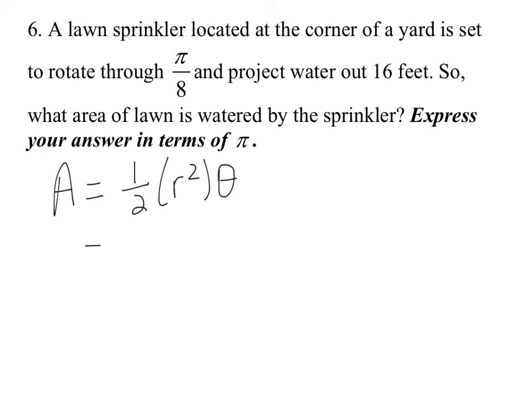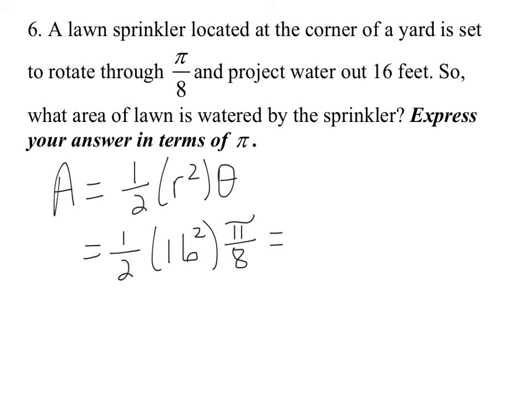So we're going to go ahead and leave our 1/2 just like it is. The radius in this case was 16. So we're going to use 16 squared. And then our theta is pi over 8. Now remember, when you are putting this in your calculator, you are not going to multiply anything by pi.